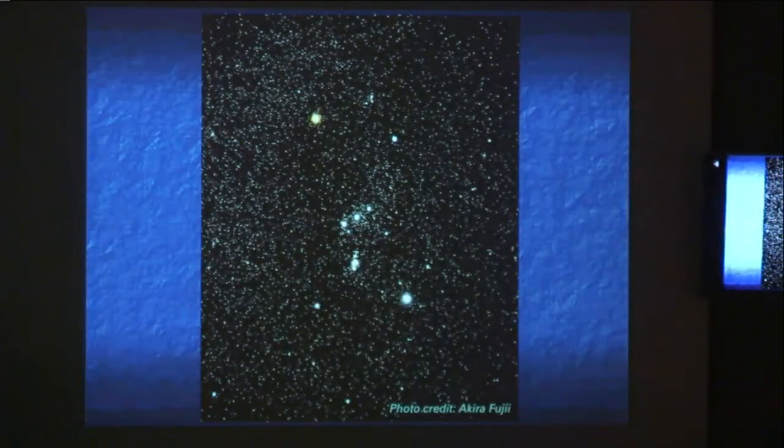This is a view of Orion from a very dark location, and as seen by the people of the Maya in Central America, who could see, unlike people of today, the clouds of light around this star.